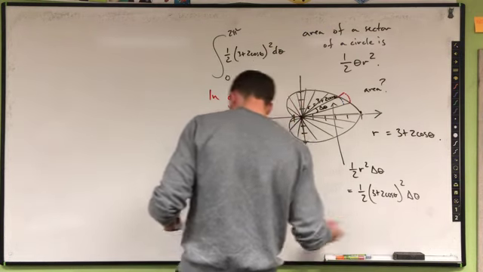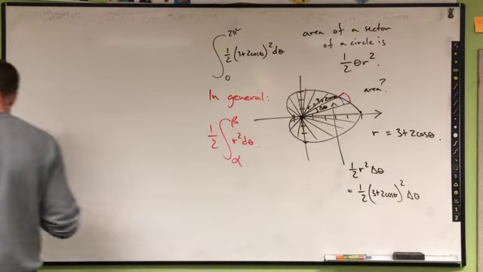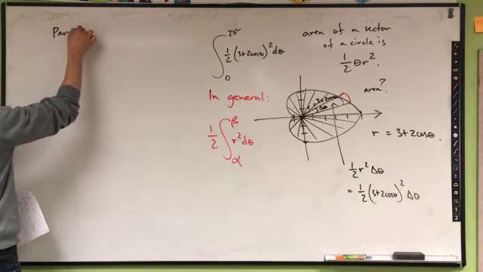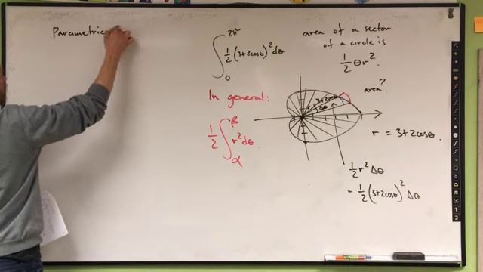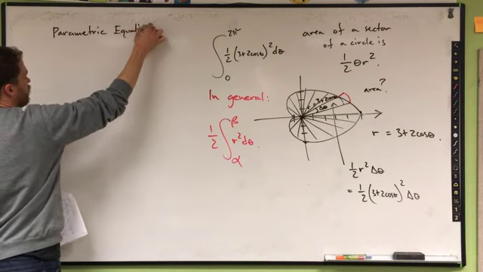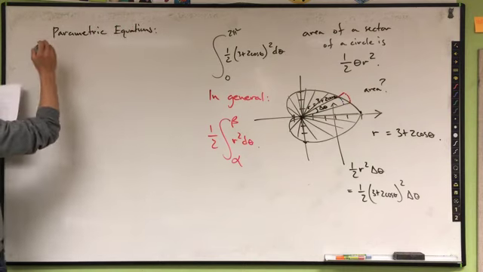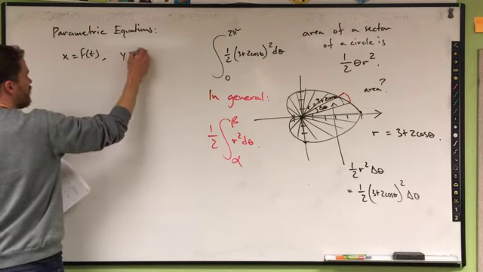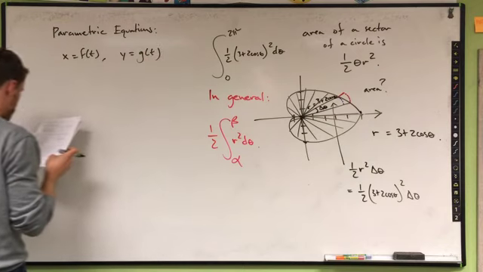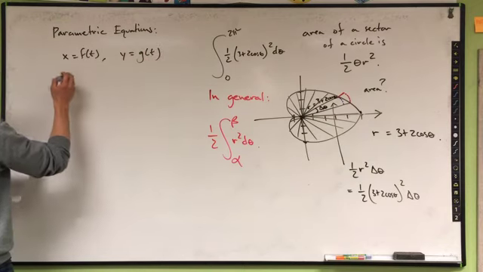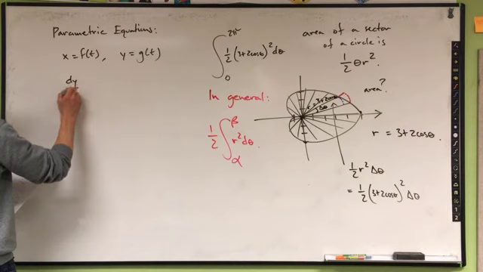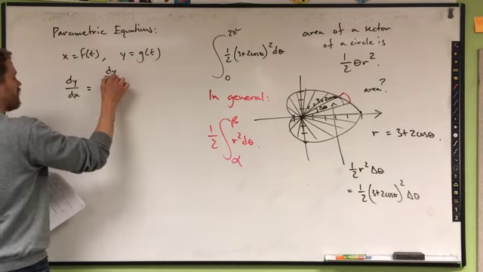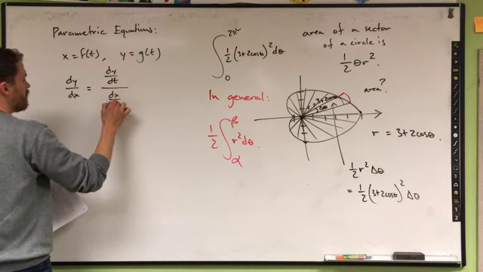But let us also think about a couple other things. A reminder that for parametric equations, if x equals f of t and y equals g of t, then we knew that dy/dx was given by dy/dt divided by dx/dt.